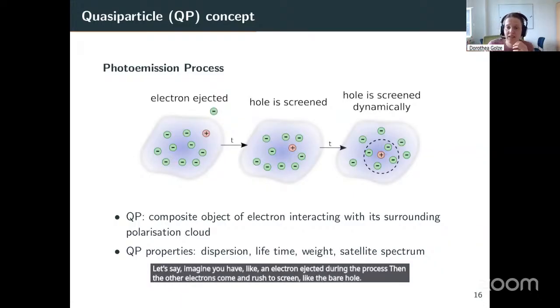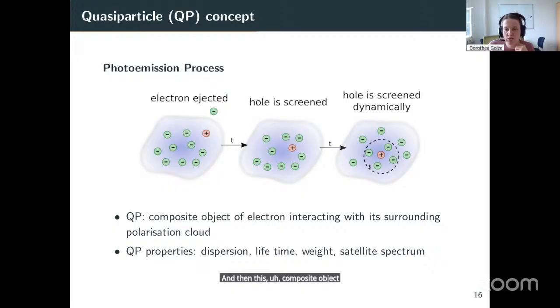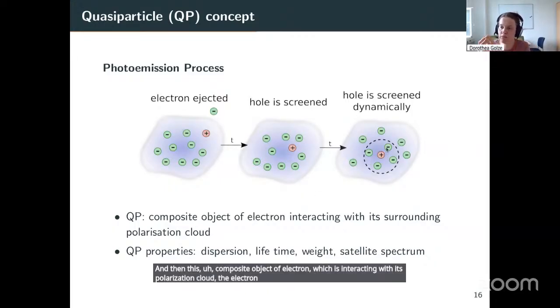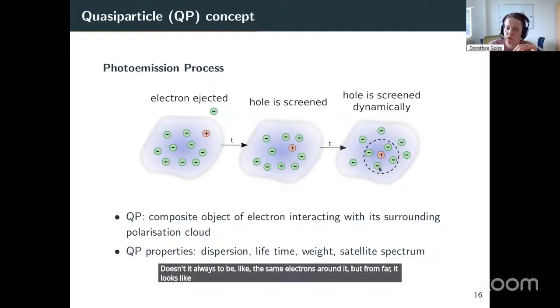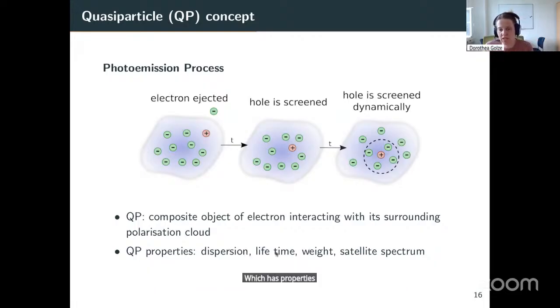This composite object, the hole interacting with its polarization cloud, is traveling through the medium. It doesn't always need to be the same electrons around it, but from afar it looks like a hole together with its polarization cloud traveling through the medium. This is the quasi-particle, which has properties such as dispersion, lifetime, a weight, satellite spectra, etc.